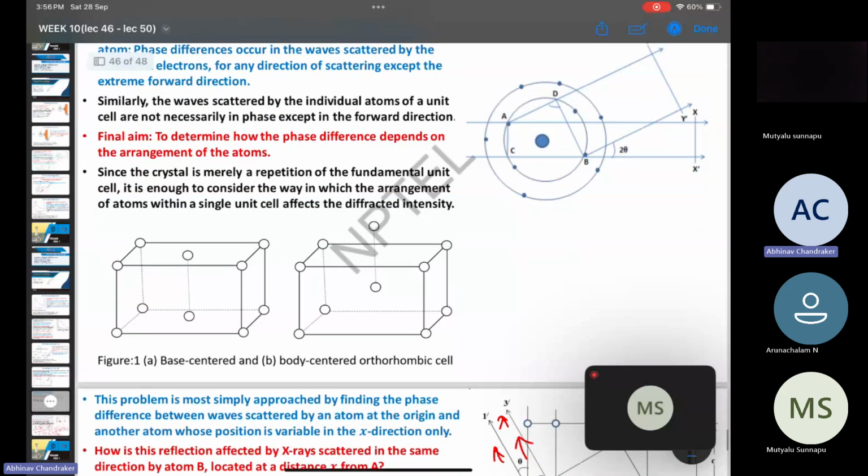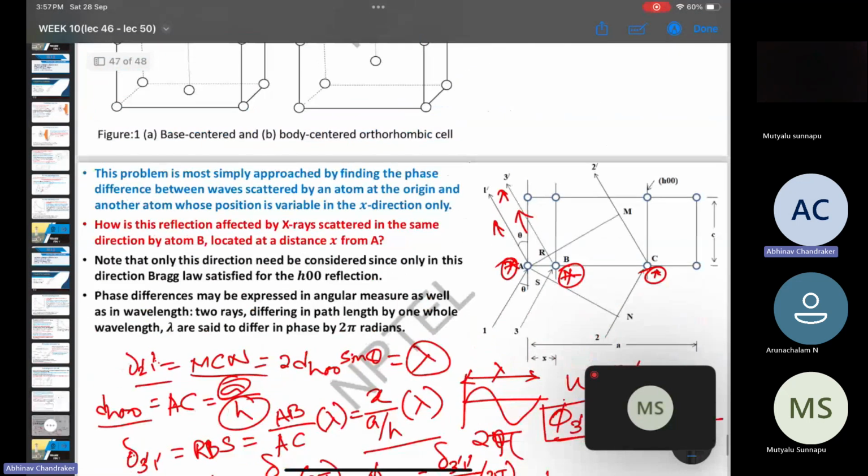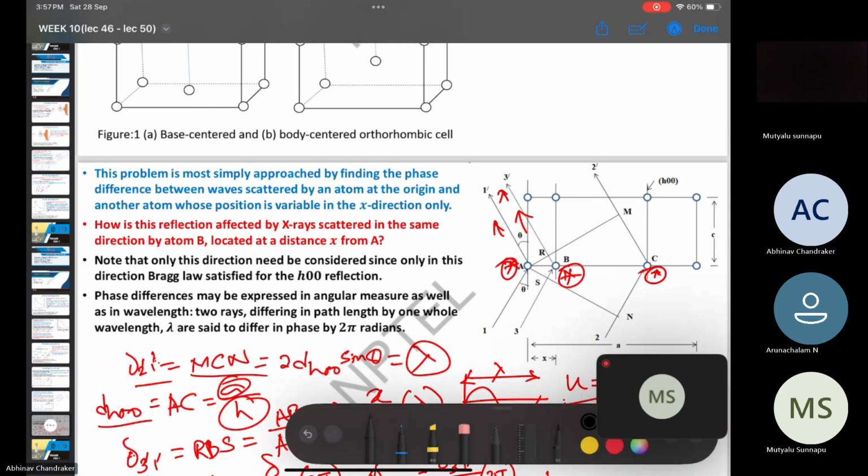In order to understand how the arrangement of atoms can affect the intensity of the diffracted beam, we can start with looking at a unit cell having these atoms.